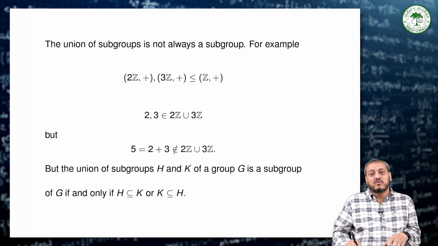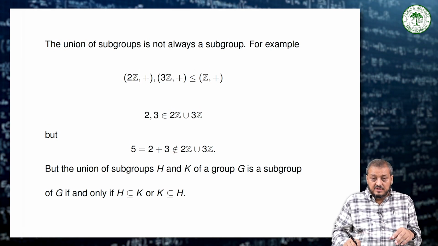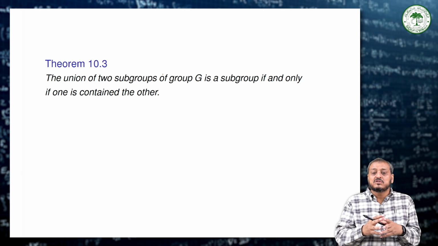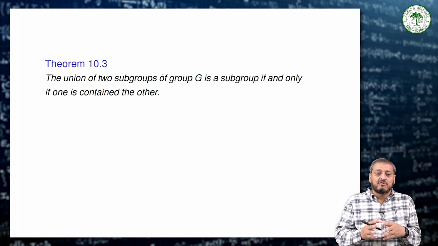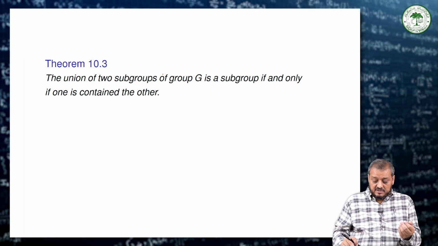Let us prove this result. The union of two subgroups of a group G is a subgroup if and only if one is contained in the other.